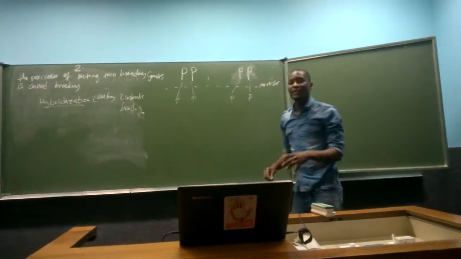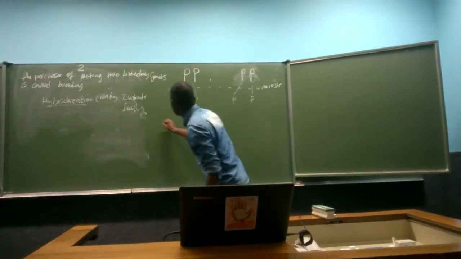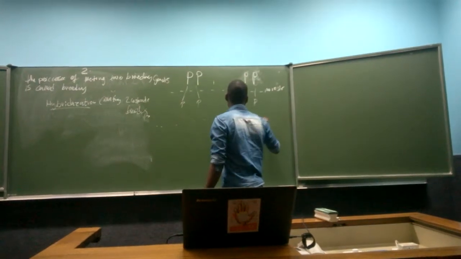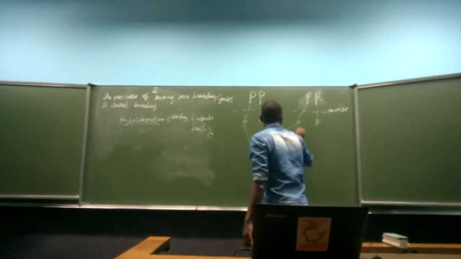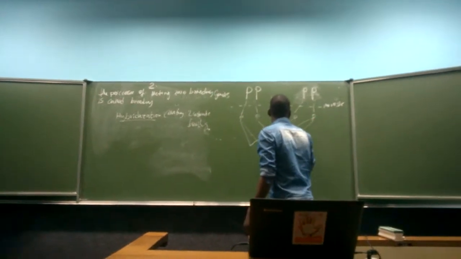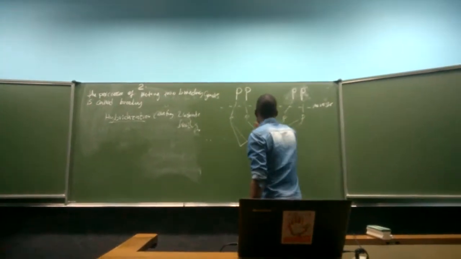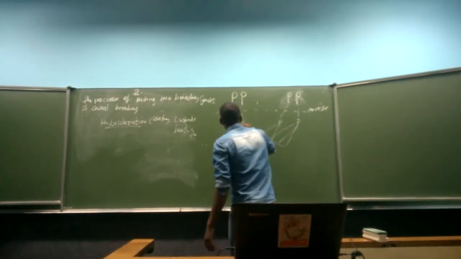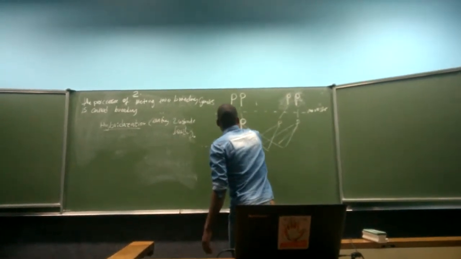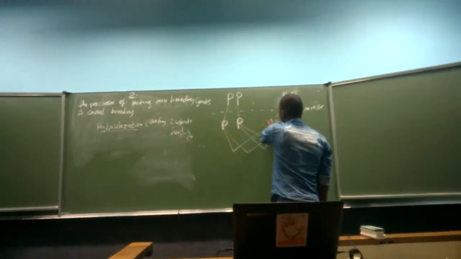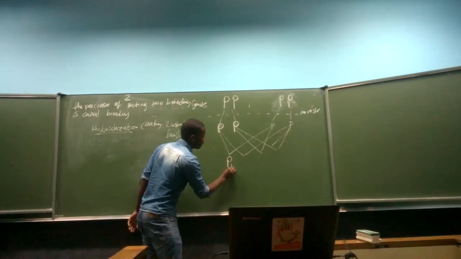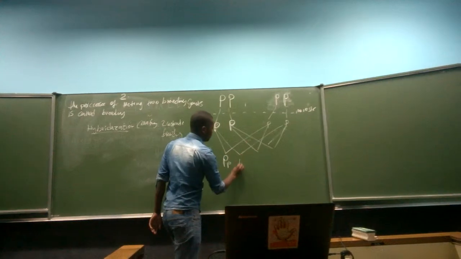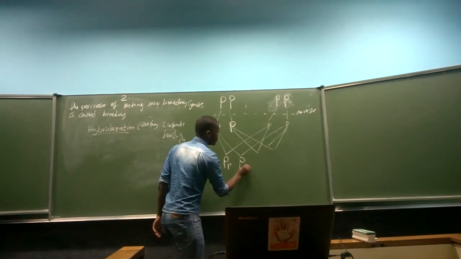Through the process of meiosis, the gametes split. Therefore, the process of fertilization is where this one crosses with that one. Remember, this is the big P. So when this one meets this one, it's called big P and p, big P and small letter p.